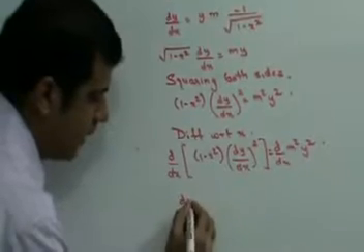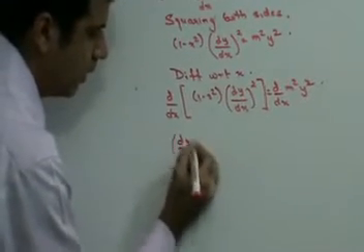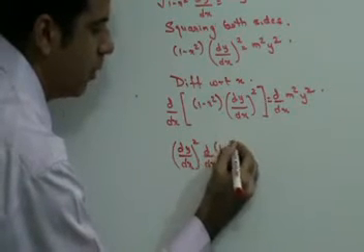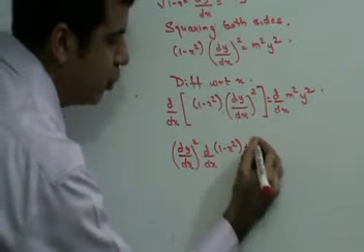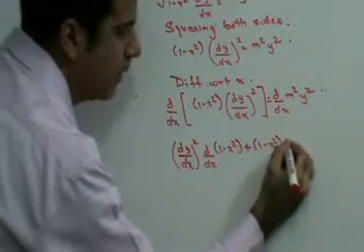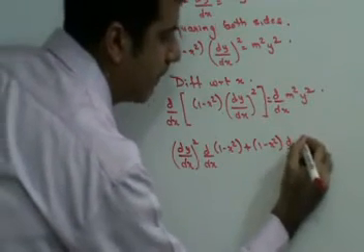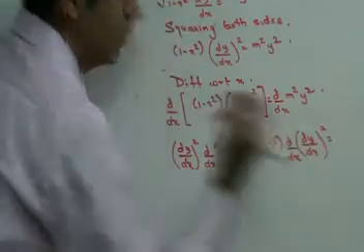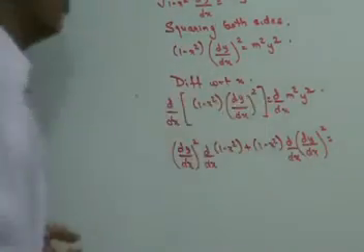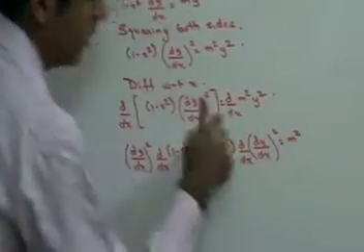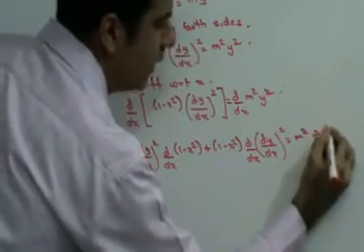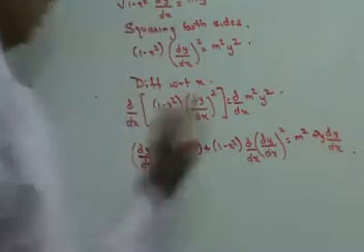This is v, derivative of u, plus u, derivative of v, right? Now here m square can be taken common. D by dx of y square, composite formula 2y dy by dx, right?